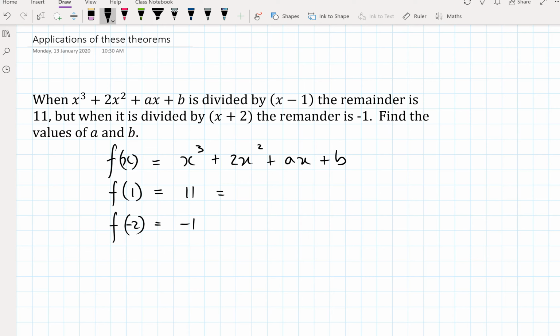So all I have to do now is substitute in those values for x. If x is 1, I'm going to be left with 1 plus 2 plus a plus b. And if x is minus 2, I'm going to be left with minus 2 cubed plus 2 times minus 2 squared minus 2a plus b.